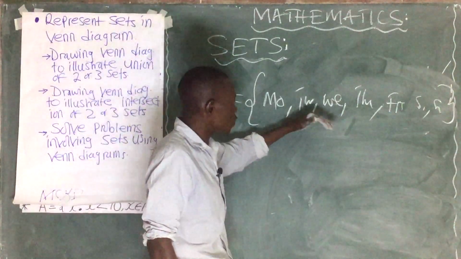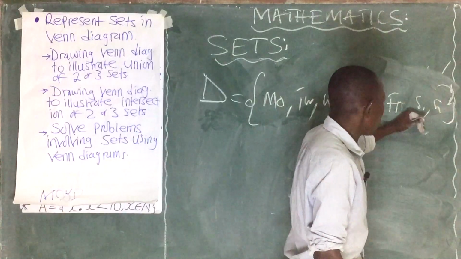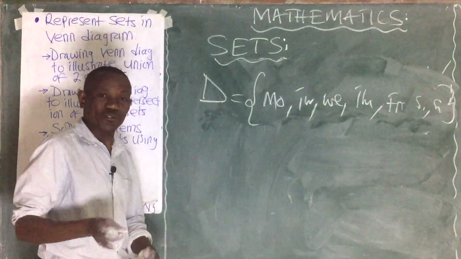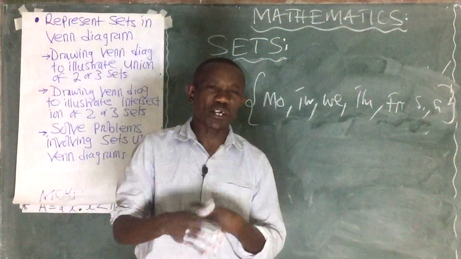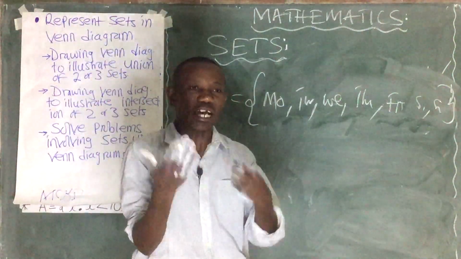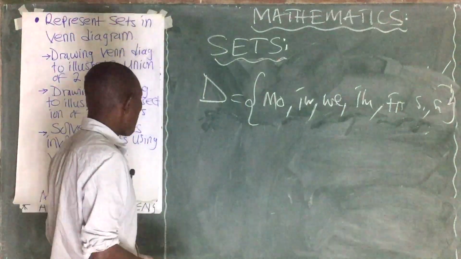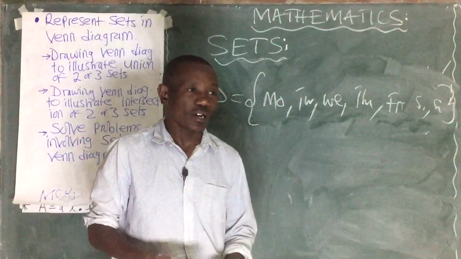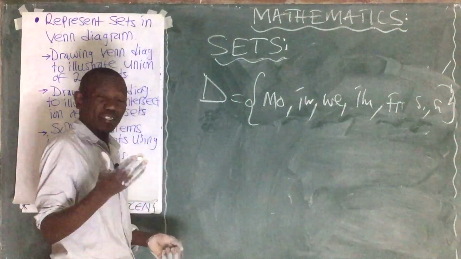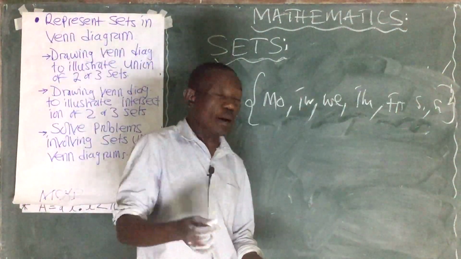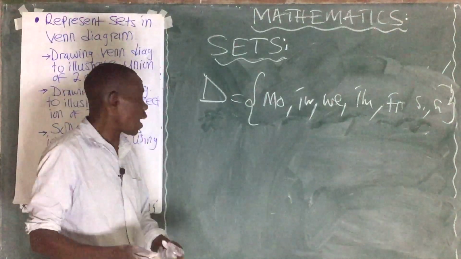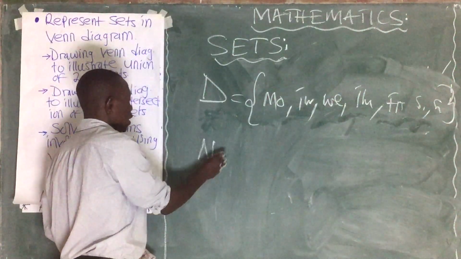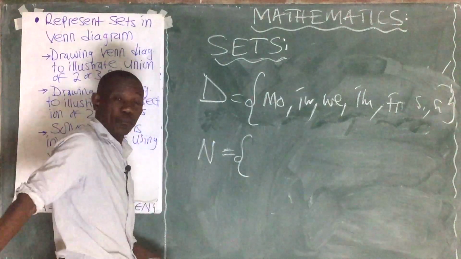In this case, D is now defined as a set, because it's a collection of objects: Monday, Tuesday, Wednesday, Thursday, Friday, Saturday and Sunday. Again, you can talk of natural numbers, where we may be in a position to write those numbers directly.